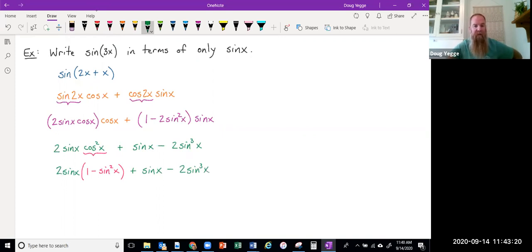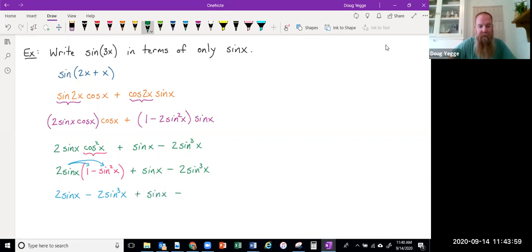Okay, so if we distribute this, notice that we distribute 2 sine x to here, and we distribute 2 sine x to here. And let's see what happens there. So here we get 2 sine x minus 2 sine cubed of x. But when we drop down these extra terms, we realize that we have a few like terms.